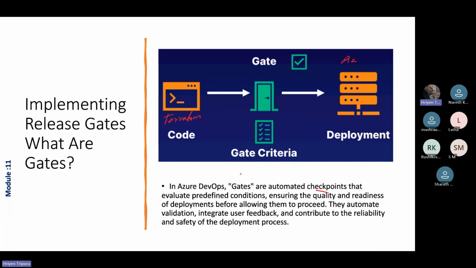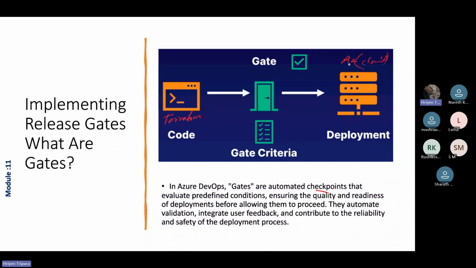In order to deploy, as I told you, this is a cloud environment. That means you are deploying in the Azure cloud. So you need to meet certain criteria in order to deploy successfully into Azure.